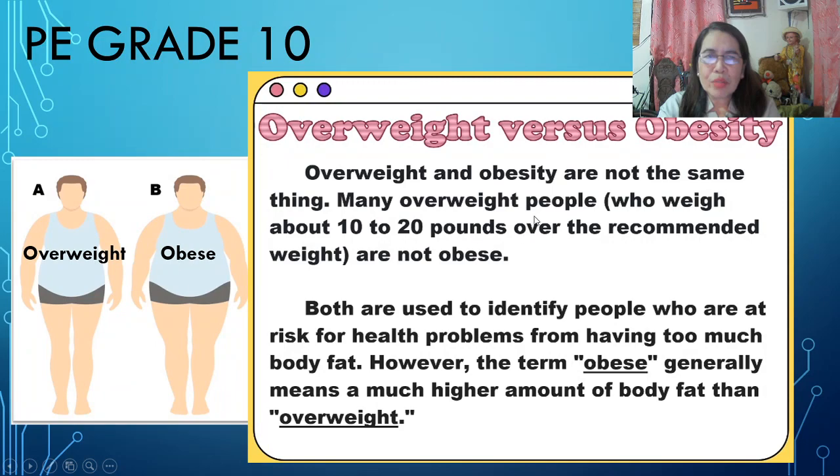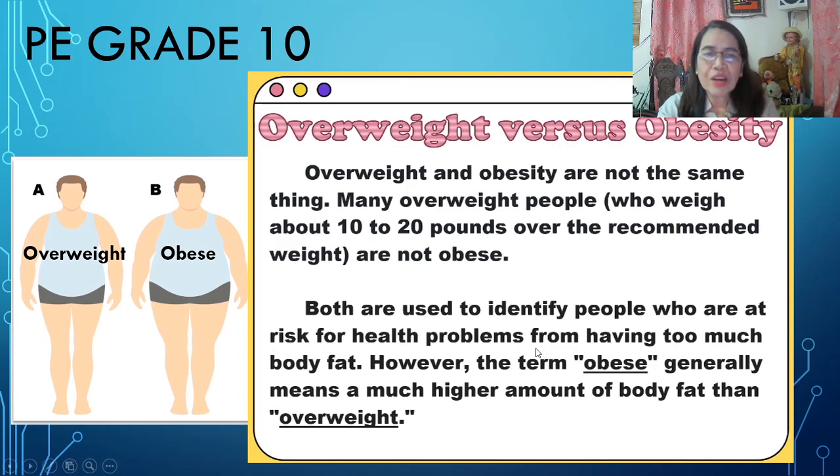Overweight versus obesity. Overweight and obesity are not the same thing. Many overweight people who weigh about 10 to 20 pounds over the recommended weight are not obese. So they are only overweight. Maybe I'm one of those.